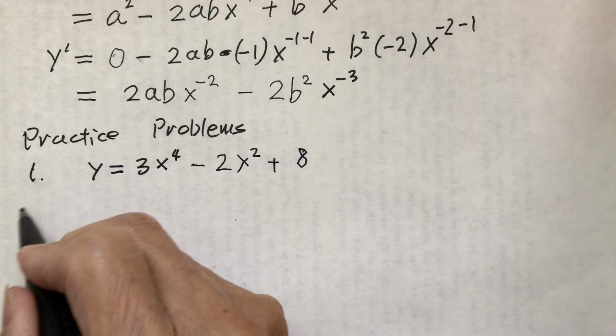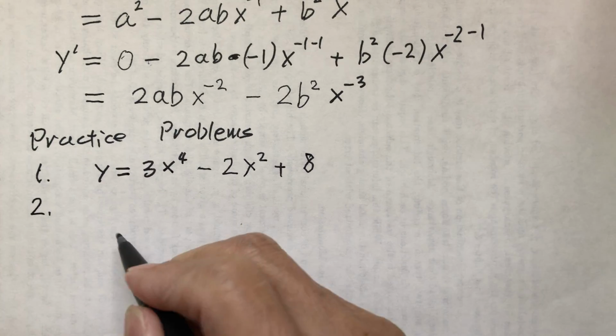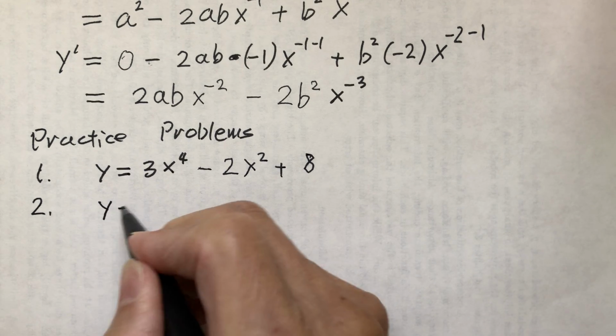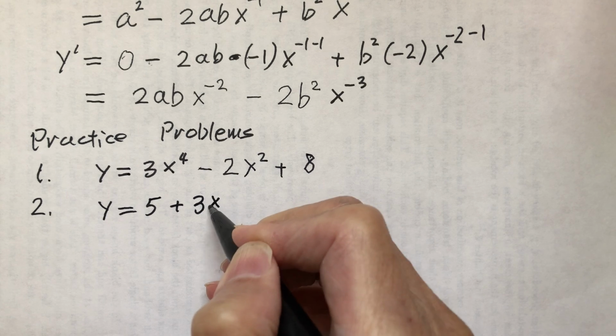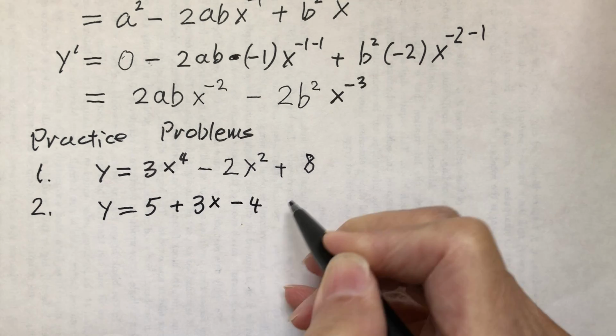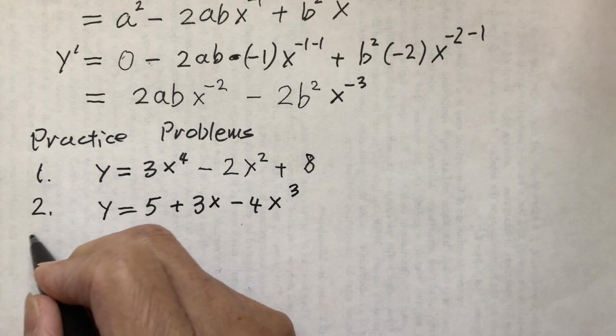Second one. Five plus 3x minus 4x cubed. Third one.